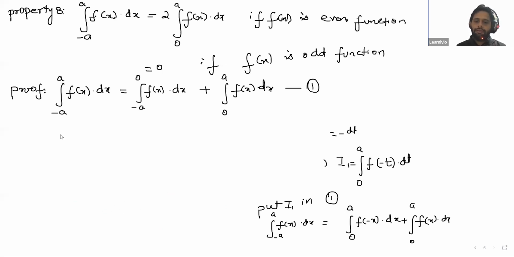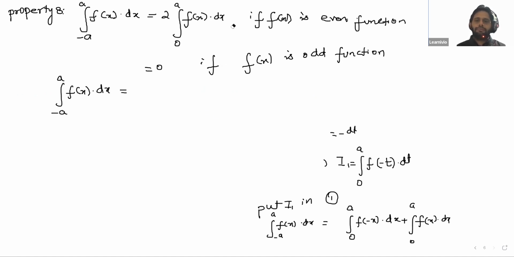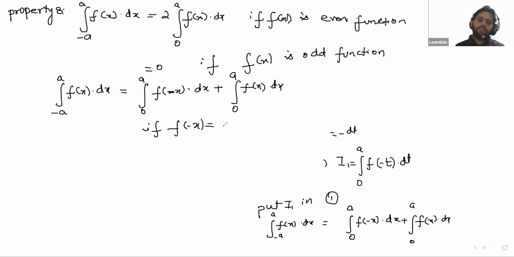Now finally we have this one. Finally we get this is equal to integral from 0 to a of f of minus x dx plus integral from 0 to a of fx dx. So what will happen? Now if f minus x is equal to minus fx, fx is an odd function.